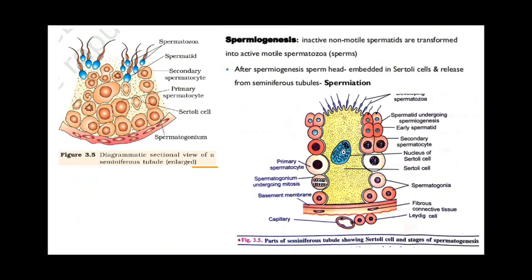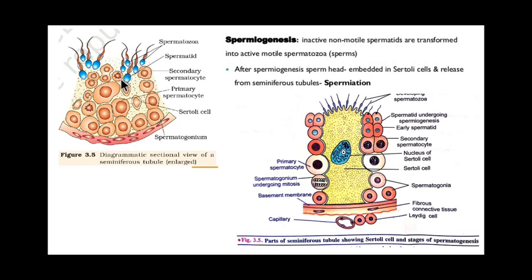All this is occurring here, and this process is known as spermiogenesis. Here you can see the Sertoli cell and the stages of spermiogenesis. The spermatid undergoing spermiogenesis gets embedded in the Sertoli cell, which provides protection, support and nourishment.